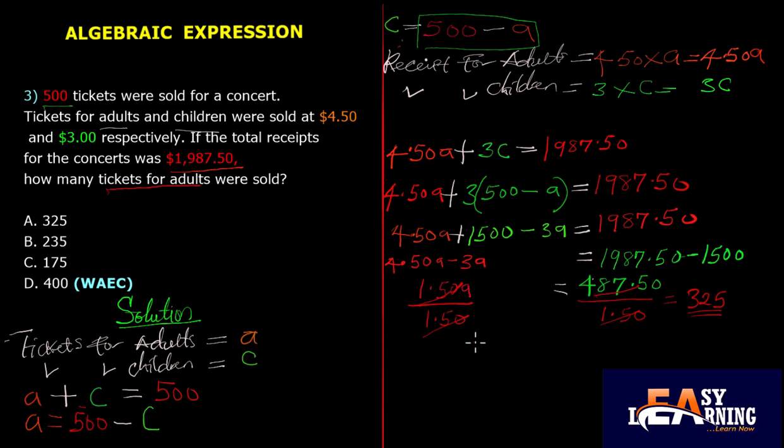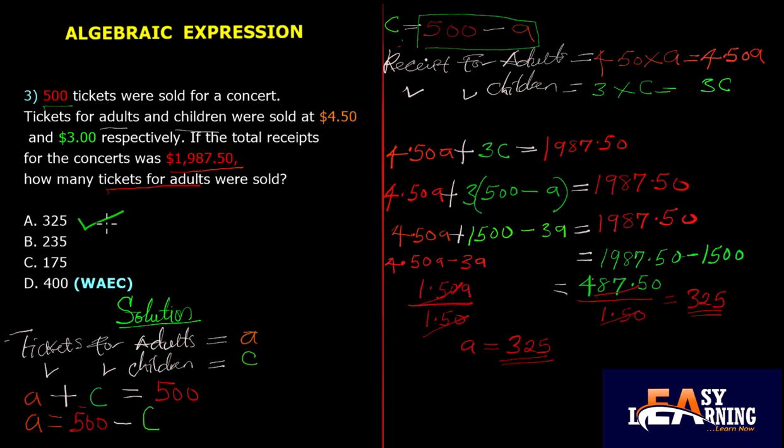So it means that our A, total numbers of tickets for adults, equals 325. That's the answer. And we'll be checking our options. Option A is the correct option.